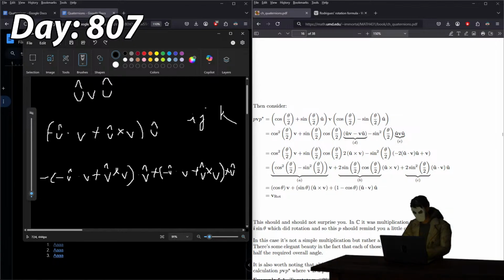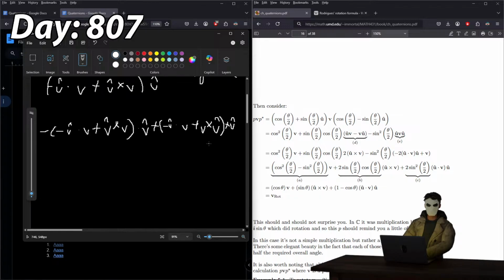Yes. Means we need this to go away. This has to be v cross u, and it has to be actually negative u cross v, which means that we have a positive u cross v dot u, negative v cross.